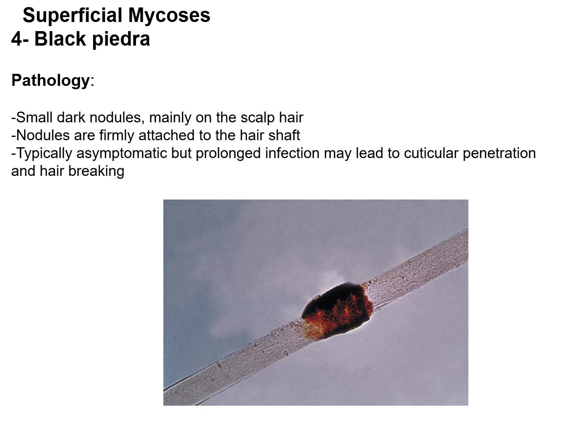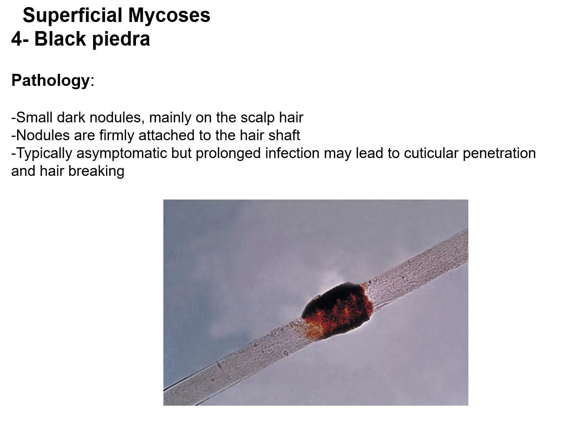As for black piedra, which is the last type of superficial mycosis we'll be discussing, this is similar to white piedra, but there are some differences. In this case, instead of the nodules being soft and white and loosely attached to the hair, these are dark blackish or brownish nodules, and these are firmly attached to the hair shaft.